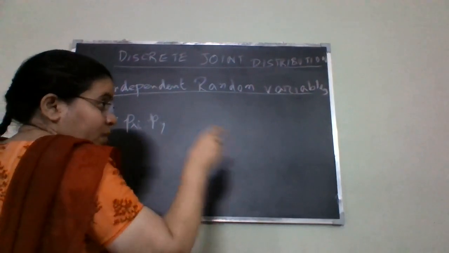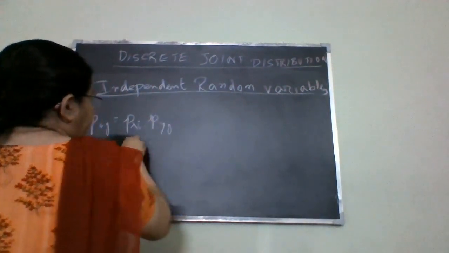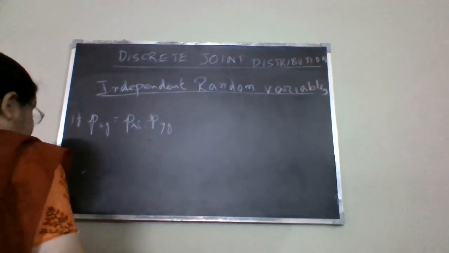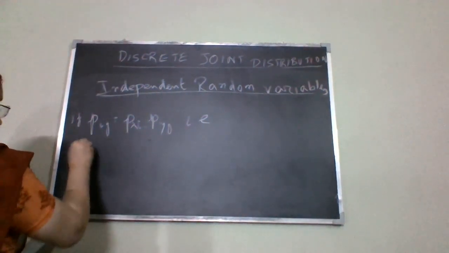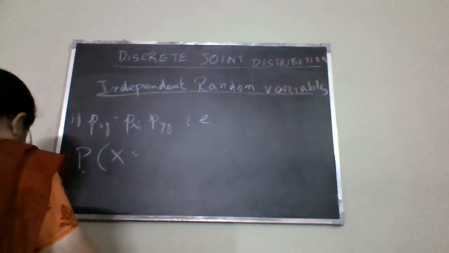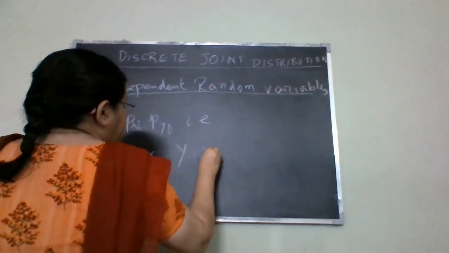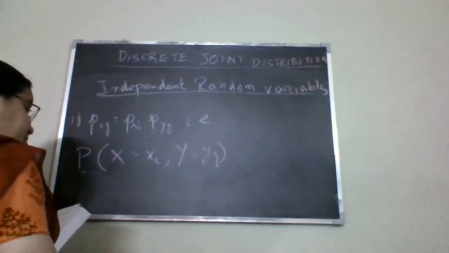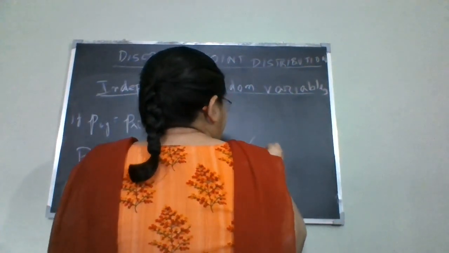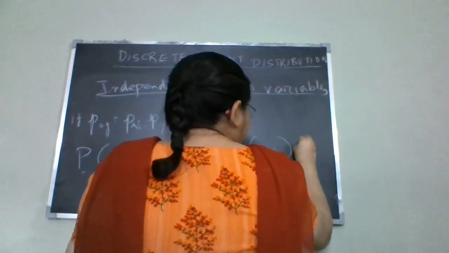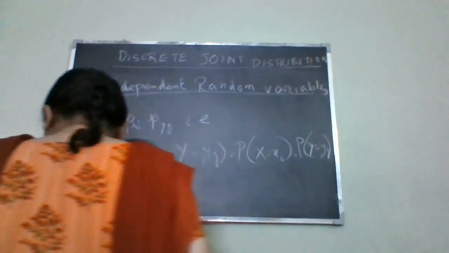I have just shown you what the marginal probabilities and their distributions are. That means P(X = x_i, Y = y_j) = P(X = x_i) · P(Y = y_j). Please note this term.